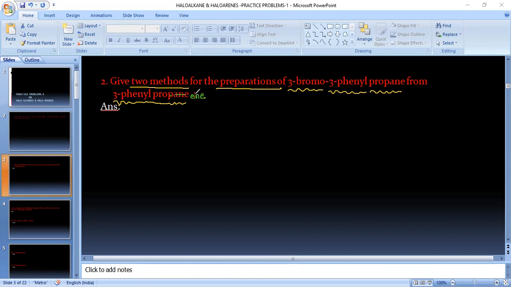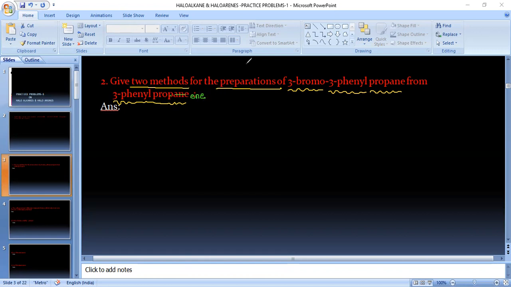Sorry, it is a propene. 3-phenyl propene means alkenes. Okay, we have already learned in the previous part. I don't exactly remember in which part we learned about this one, but in the chemical properties of alkyl halide or aryl halide, just go and check it once. Okay, chalo, it is the 3-phenyl propene.